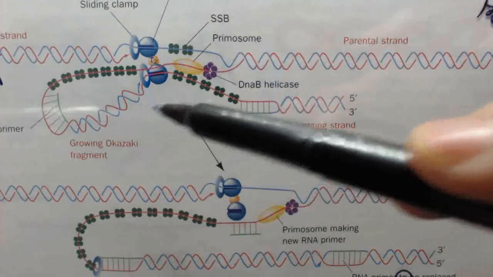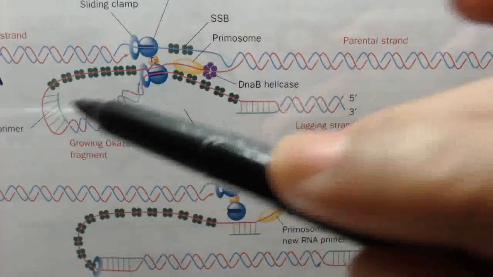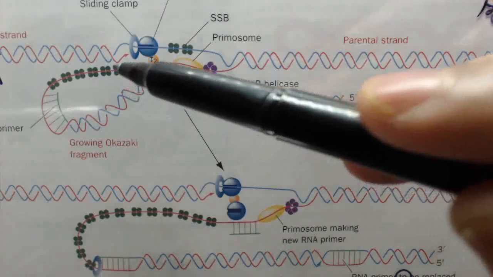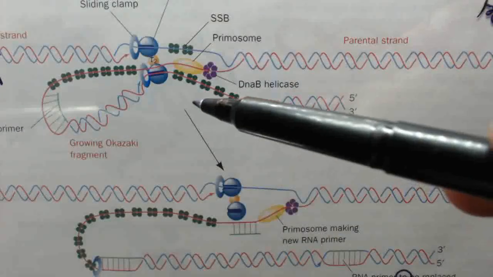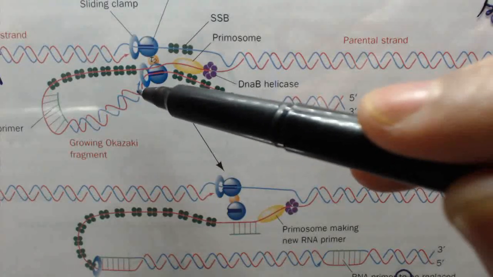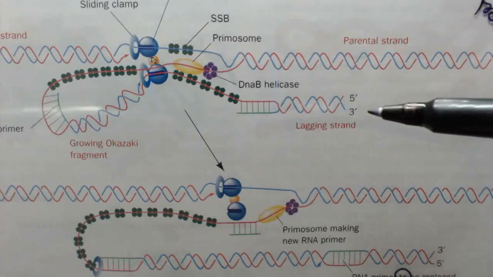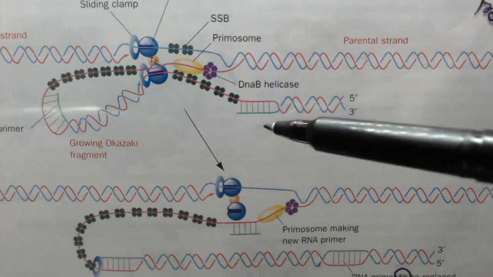But on the other hand, this other strand, this red strand, does not have this parallel orientation with the fork, right? So in this case, they form this loop so that they can continue this replication again from 5 prime to 3 prime, because if you look here, this is again the 5 prime to 3 prime direction. So how will they do that?